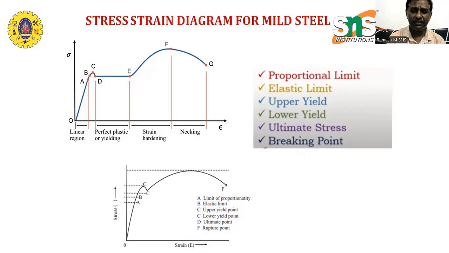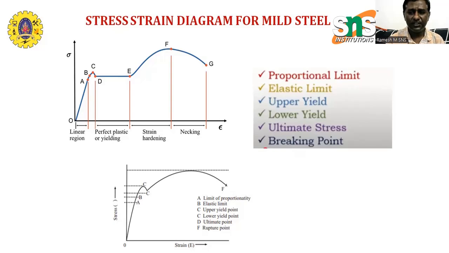Then we have the ultimate tensile strength point, which is the maximum stress that the material can withstand. Beyond that, it goes towards fracture. In between, we have another reduction in the material called necking. So on further increasing the stress, you have a fracture in the material.